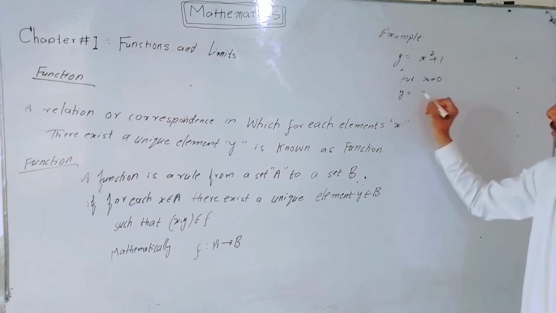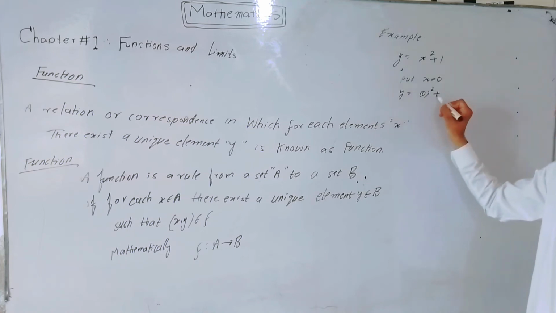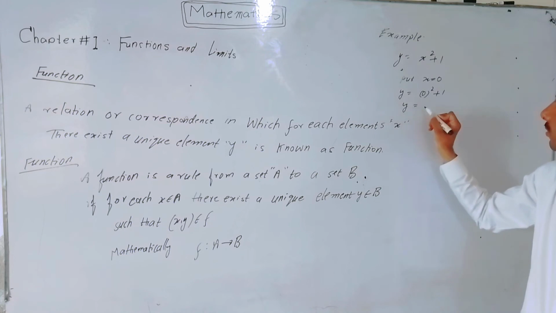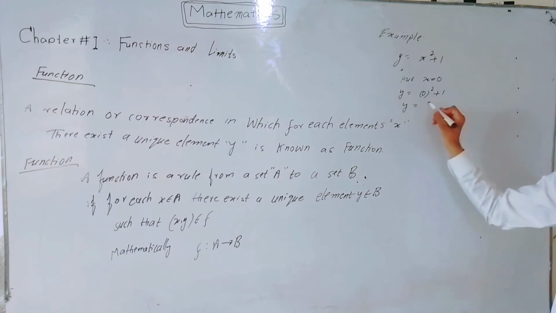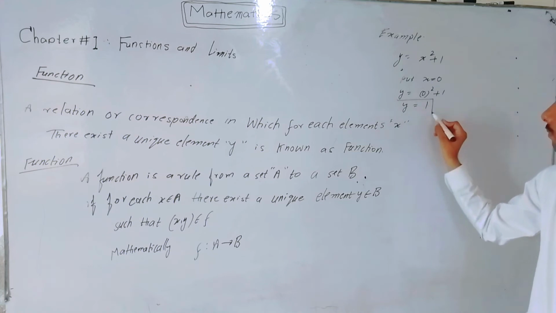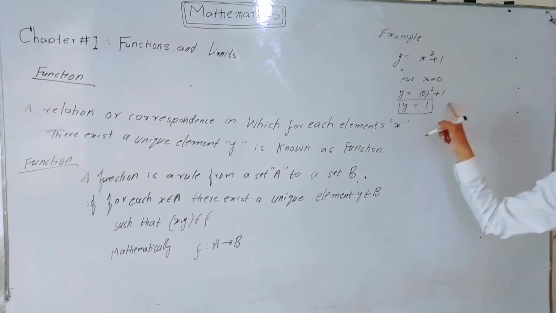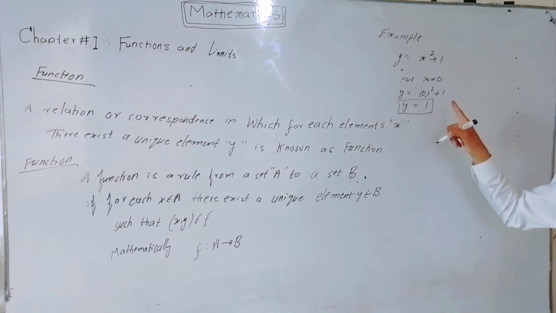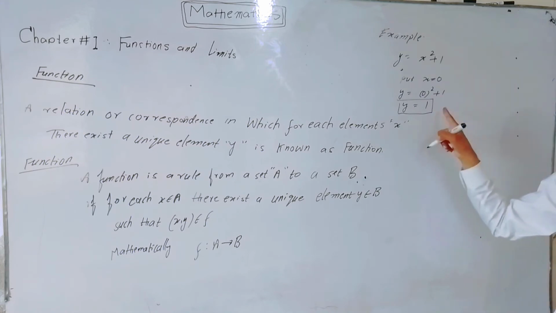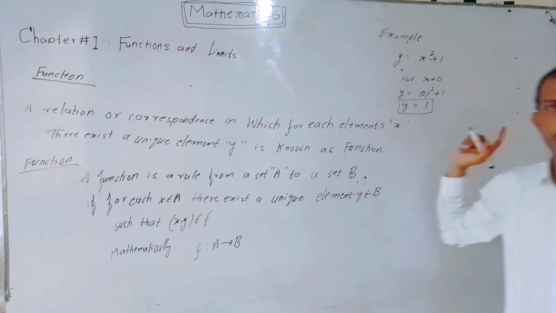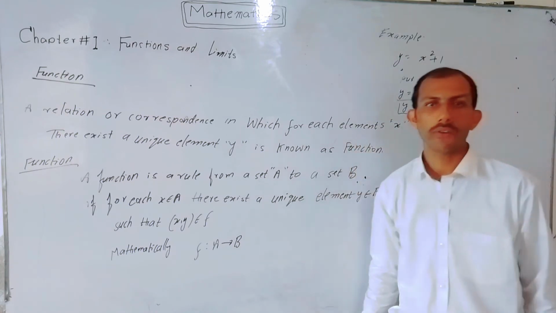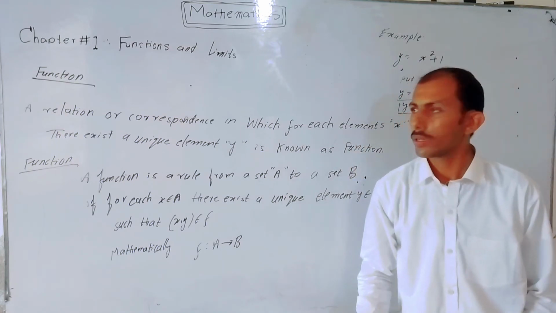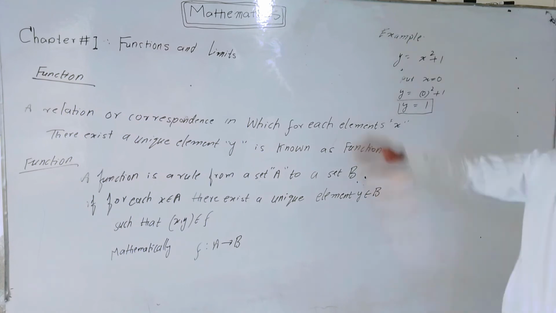So y is equal to 0 whole square plus 1, y is equal to 0 plus 1 is equal to 1. For one value of x, we get the result 1 of y. So this result fulfills the definition of function.